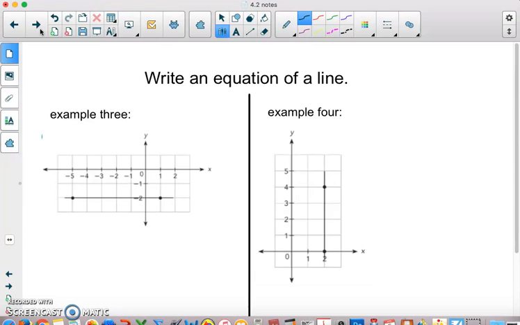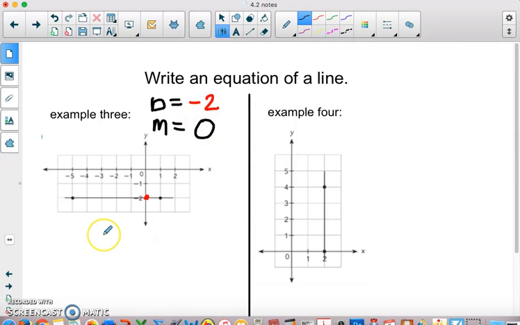Now these examples are slightly different, but again, let's go ahead and label the y-intercept, which is -2, and our slope here, we have a horizontal line, so our slope is 0.